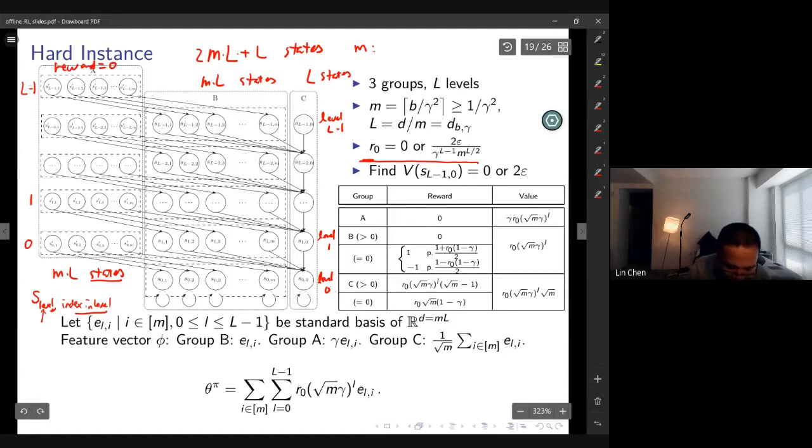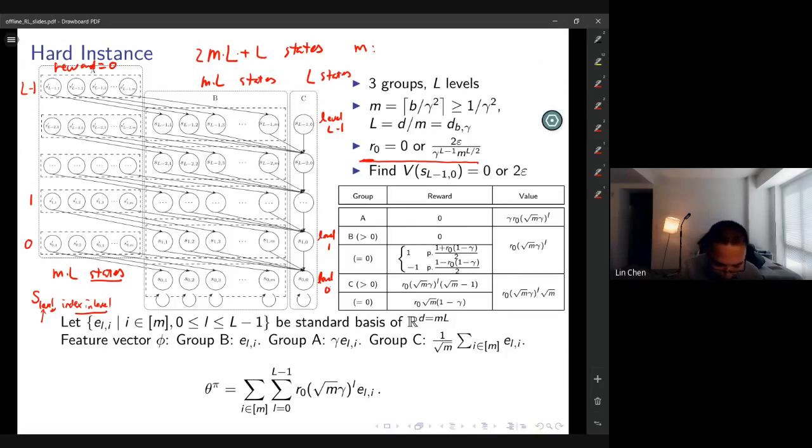And all states in group A will deterministically go to the corresponding state in group B. And for group B, it will go to the state in group C, but of a lower level. So everything is deterministic, and there is only one action for each state. And for group C, it will go to the state in group C, but of a lower level.